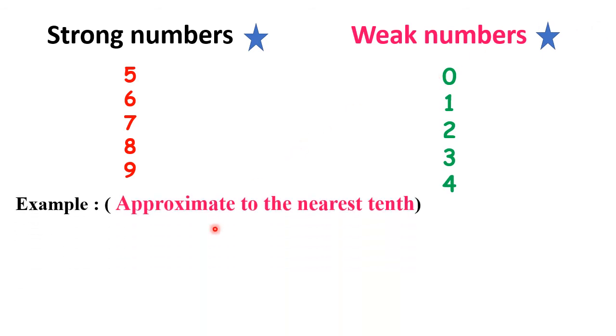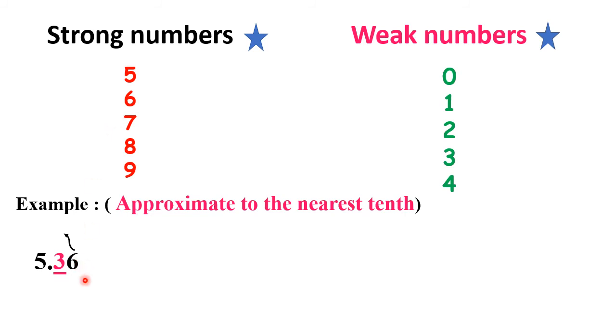Example, approximate to the nearest tenth. At the first, put line in tenth. Tenth is after the decimal point. Yes, and look at the number before. Number 6, strong or weak? Strong. Yes. Give me 1, please.